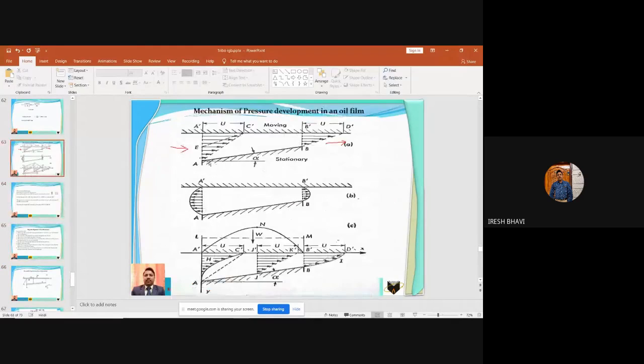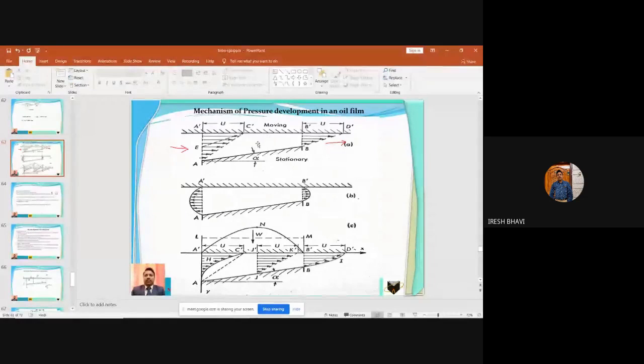Here, the velocity of the oil near AB is 0, and the velocity of the oil near A dash B dash is exactly equal to the velocity of A dash B dash, that is the shaft, that is U. Means what? Velocity of the fluid at the shaft is exactly equal to the velocity of the shaft.